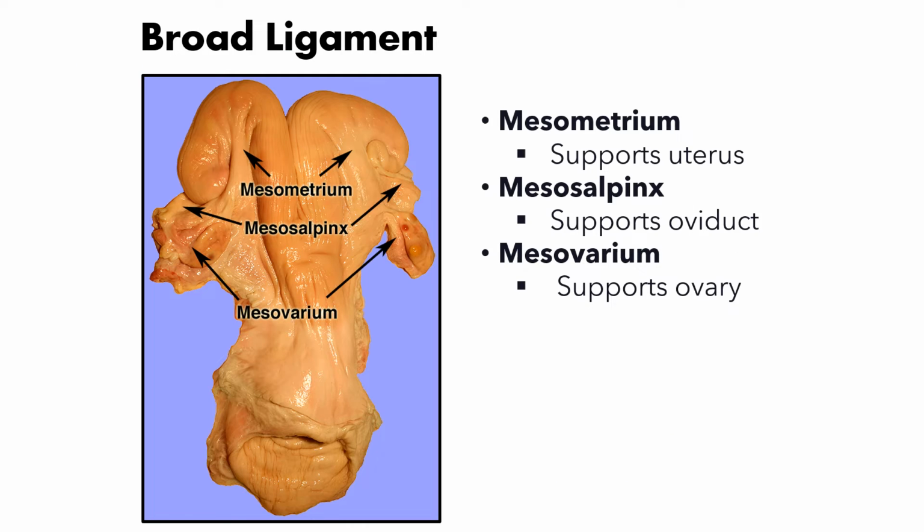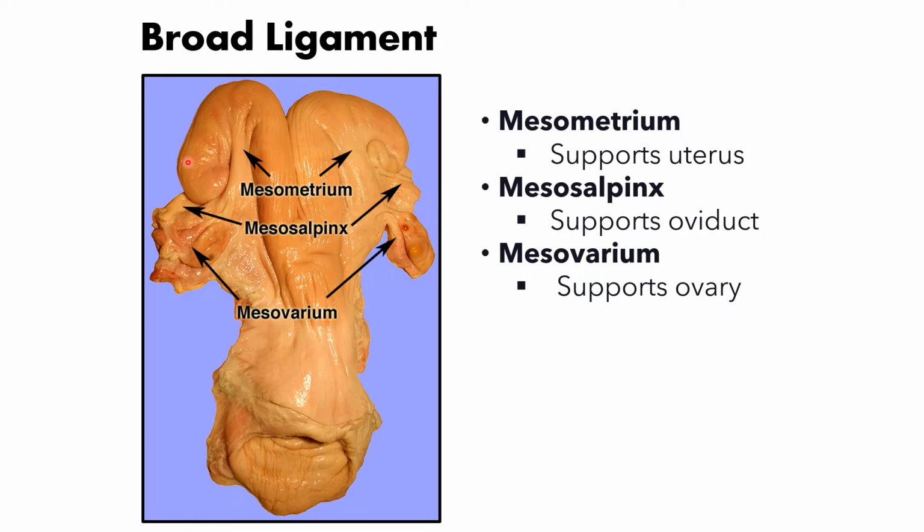The broad ligament is divided into three portions. We have the mesometrium, shown in this figure, the mesosalpinx, and the mesovarium. The mesometrium is the broad ligament that supports the uterus. Of course, this is the uterus, and we have the horn there.